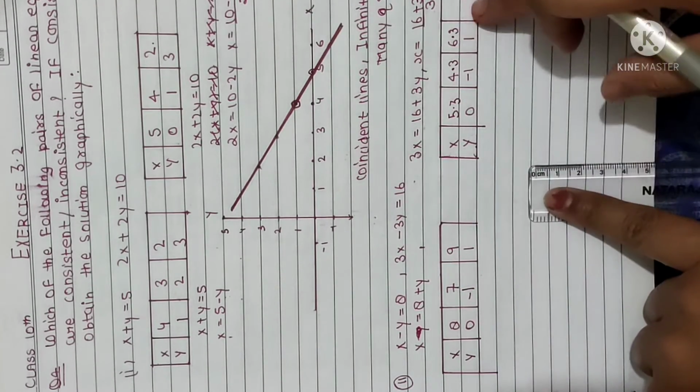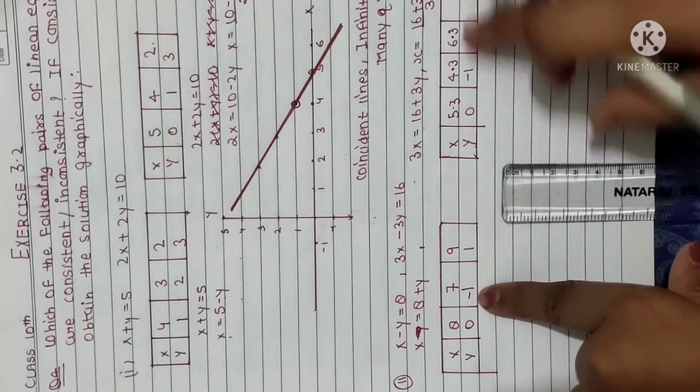So for x the maximum we have is 9, and for y we have 1.